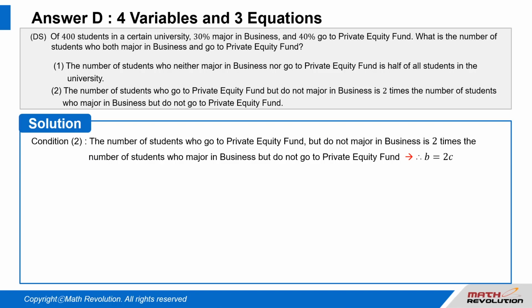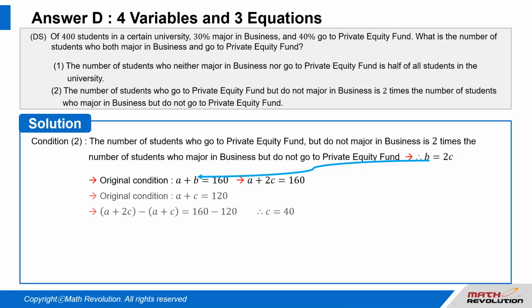Condition 2 tells us that the number of students who go to private equity fund but do not major in business is 2 times the number of students who major in business but do not go to private equity fund. That is, B equals 2 times C. Now, substitute this value of B in A plus B equals 160. So, A plus 2 times C equals 160. Now we will subtract A plus C equals 120 from it.